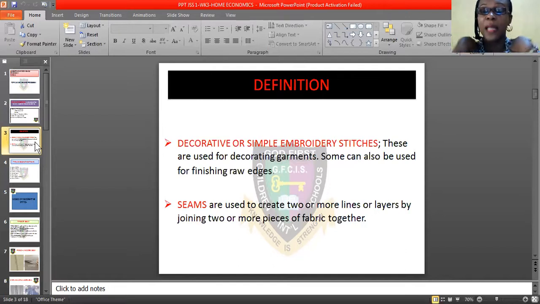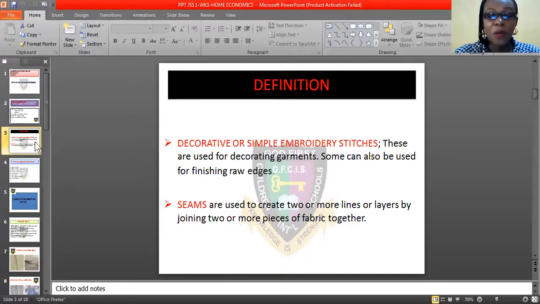Sometimes you see that they designed it at the neck, even at the ankle, at the end of the hand. If it is short sleeve, you see that they designed it here, some down the top, down the trouser. They will give it a unique design. It is called decorative or embroidery stitches.